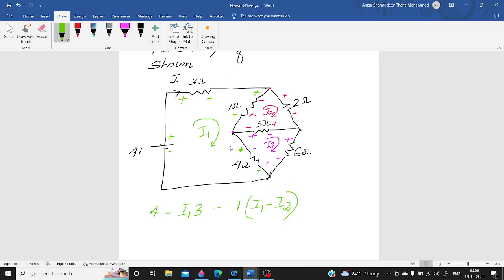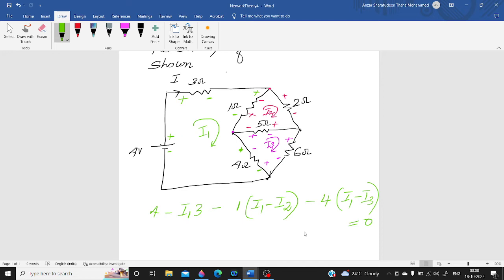And here considering 4 ohm, there is a decrease in potential, so it is minus 4, and the considering current is I1, so it is taken as positive in the mesh 1. So the opposite current is I3, so it is taken as negative, so minus I3 is equal to 0.